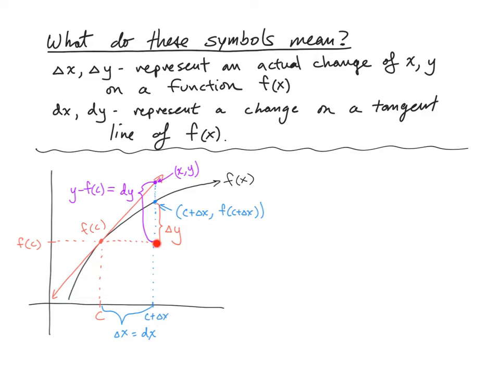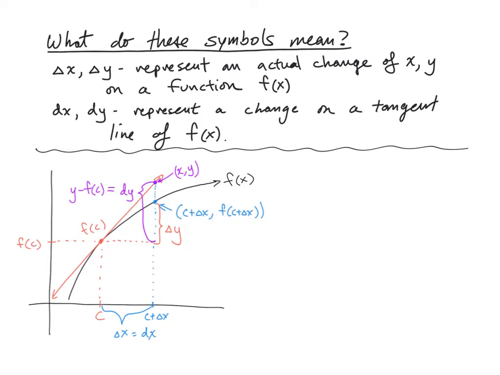And if I follow it up to the function, the point is right here. The y-coordinate that is associated with this x-coordinate I can find just by substituting this into the function. So I can substitute c plus delta x here, it would be f of c plus delta x.